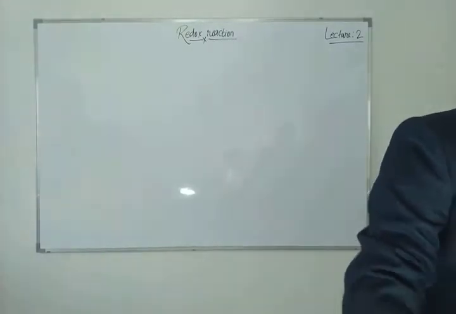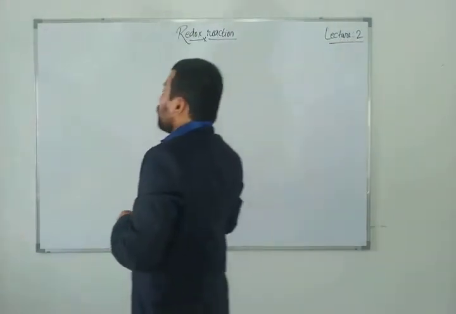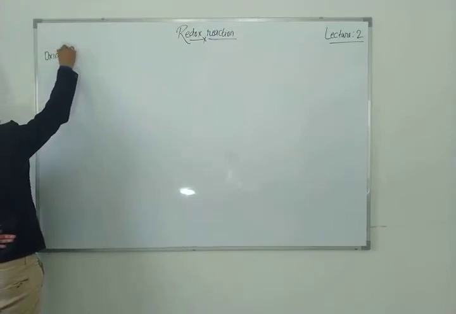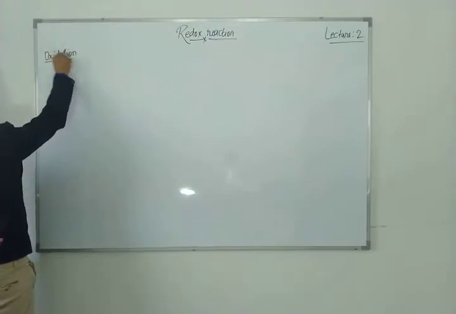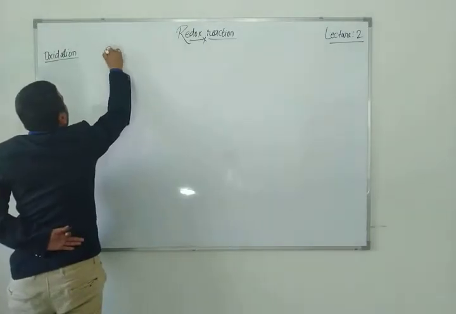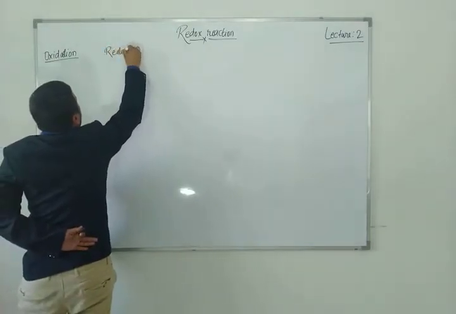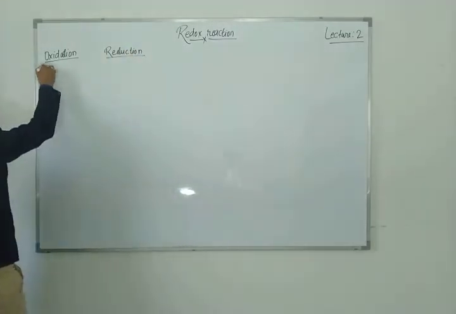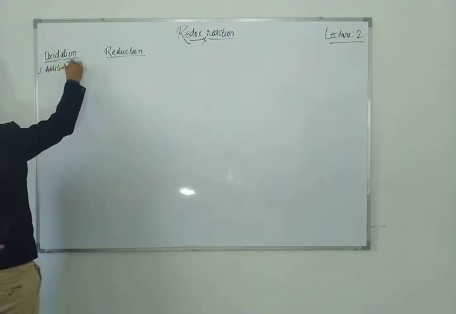As I informed you in the previous video about oxidation and reduction, if you remember it, then it's very easy. Oxidation, reduction. Here the first point was addition of oxygen.